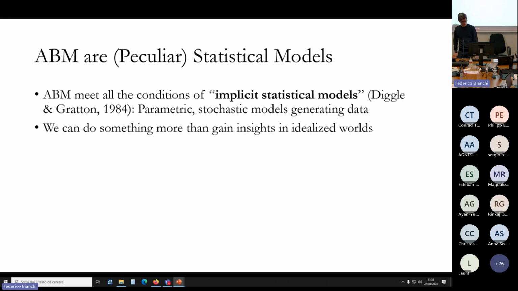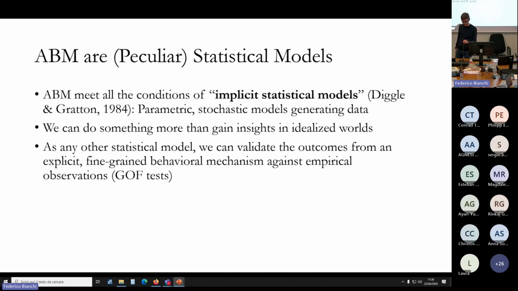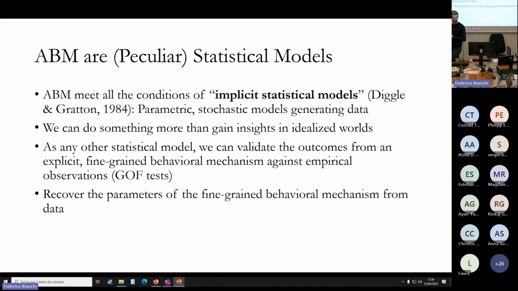statistical ones. In particular, you can perform the two typical inference procedures that we want whenever we have a statistical model. That is, we can validate the outcome of an explicit fine-grained behavioral mechanism against empirical phenomena, what's typically called a goodness of fit test, but we can also recover the parameters of the fine-grained behavioral mechanism from data, also having some uncertainty measures.